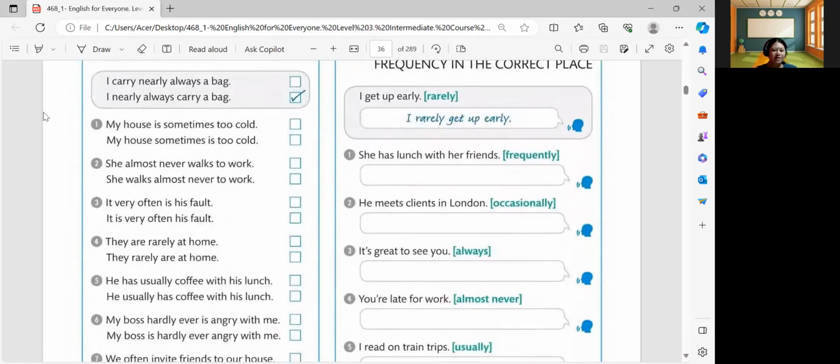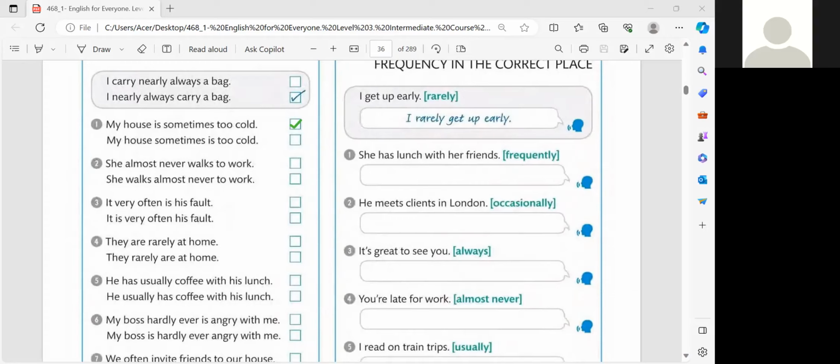Is your answer correct? Yes or no? Yes. Okay, exactly. Very good. How about number two? What's your answer? It is very often his favorite. Okay, wait for a while.